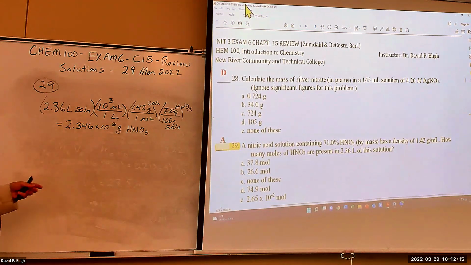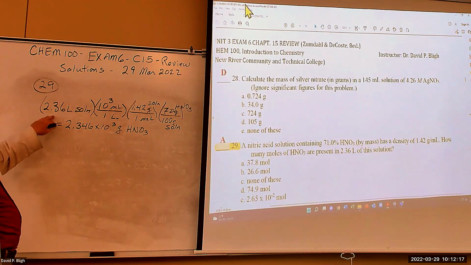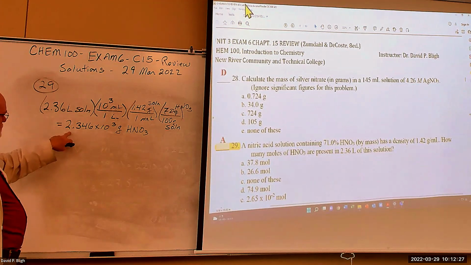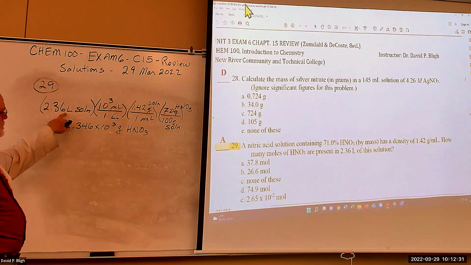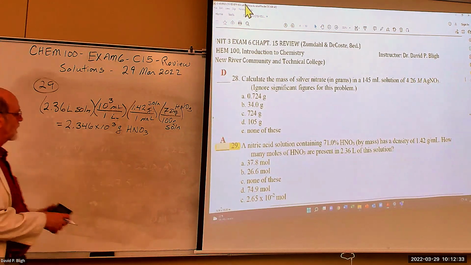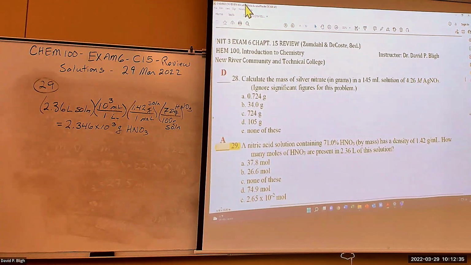Now let's see, is that reasonable? Yeah, 2,000 grams from 2,000 milliliters. Okay, I'll buy that. That's the grams of HNO3. Now we need to convert it to moles.